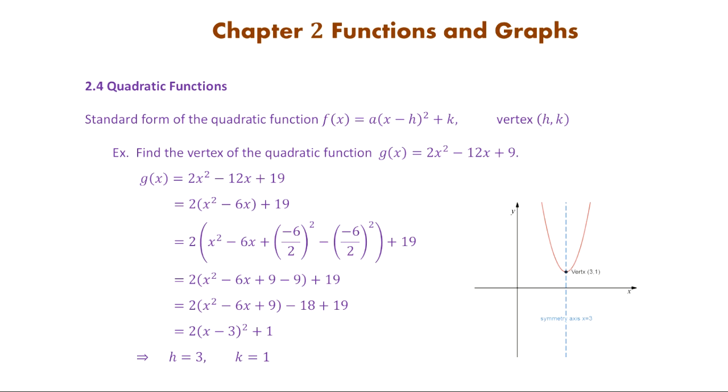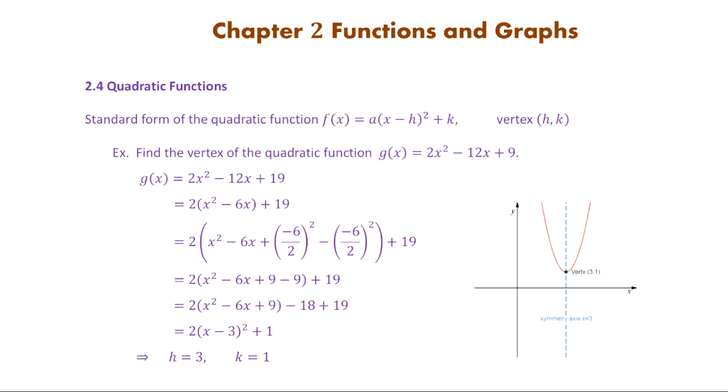So in that way, we can rewrite the quadratic function in the standard form, and we can easily read the vertex from this standard form. Remember, the standard form is f(x) equal to a times x minus h squared plus k, okay? So be careful about the sign here.